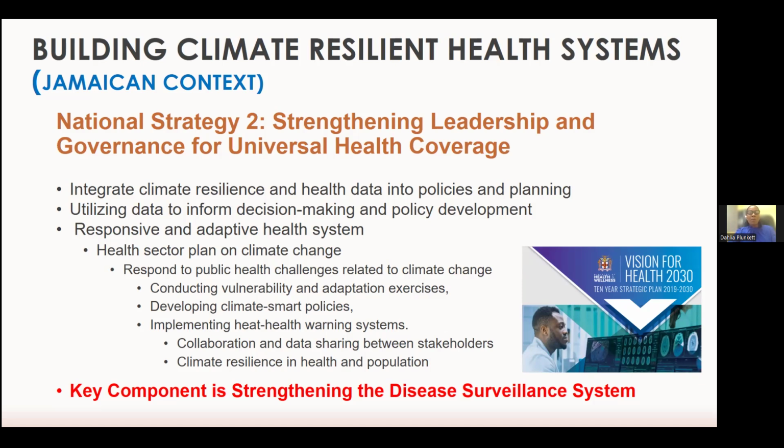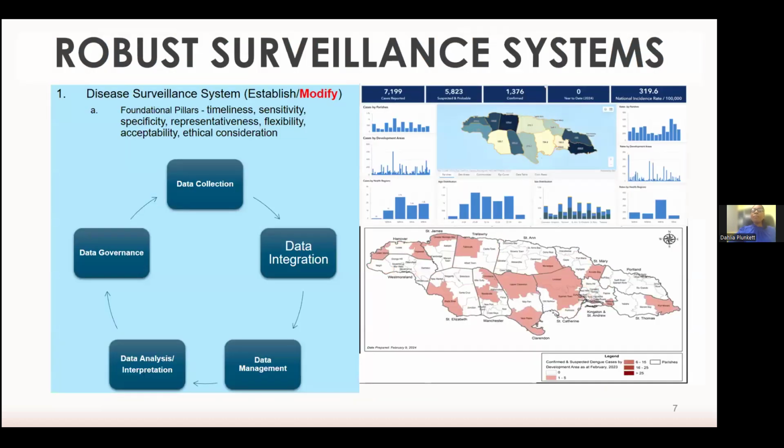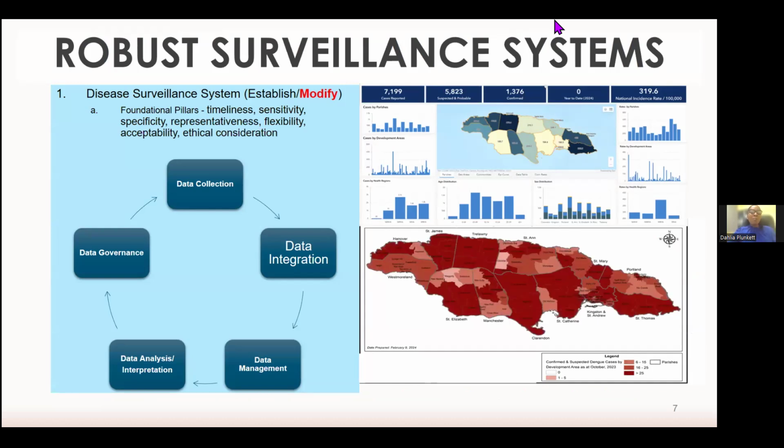Now, a key component of this strategy is the strengthening of our disease surveillance system, and that's where I want to spend a little bit of time talking to us about today. So we all hope and strive for a robust surveillance system.